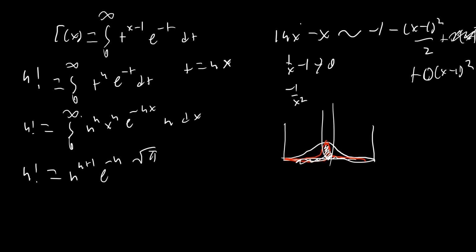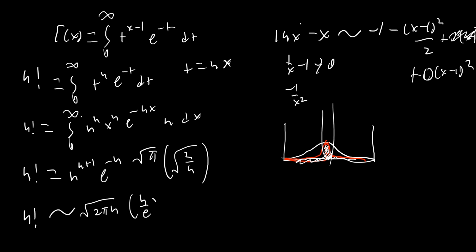And then you're just going to divide by square root 2 over n, right? And so once we reorganize this completely, we're going to get n factorial is approximately equal to square root 2 pi n over e to the n. And so this is our approximation for the gamma function. We just have to shift it over by 1.